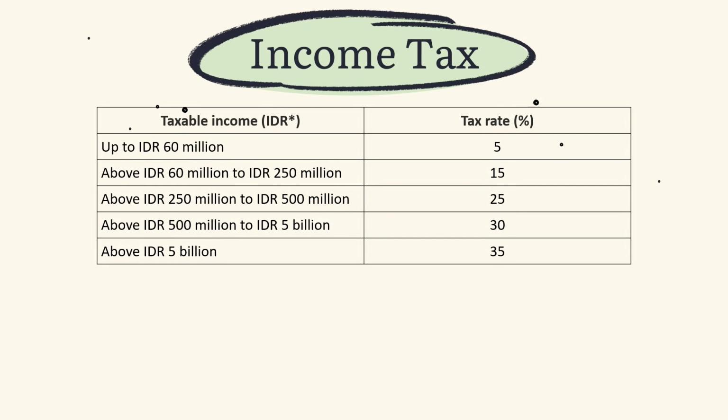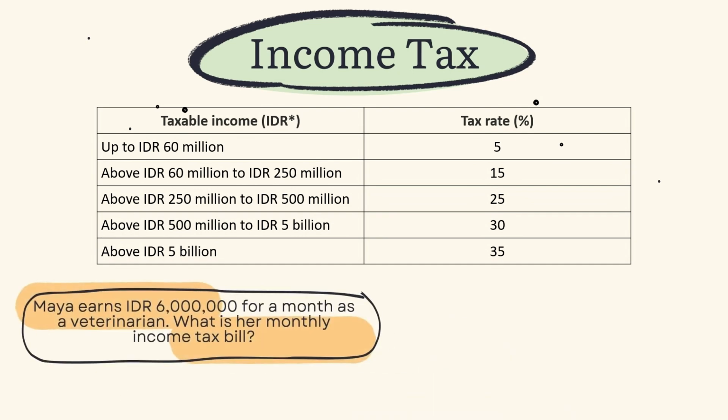So if you have an annual salary up to 60 million Indonesian rupiahs, your tax rate will be 5%. And if your annual salary is above 60 million to 250 million Indonesian rupiahs, your tax rate is 15%, and so on.